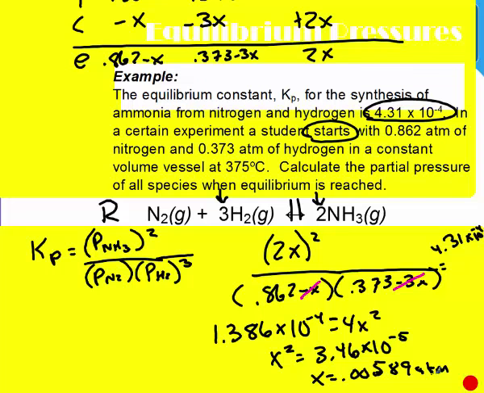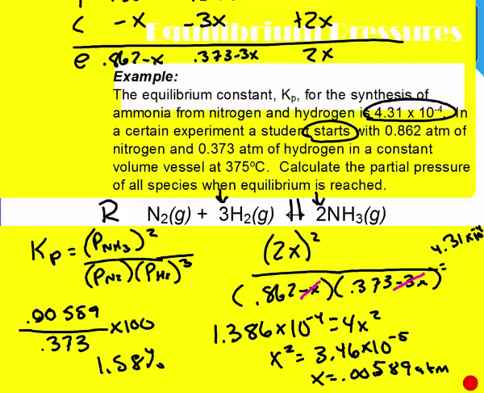Since we ignored the minus x, we do need to calculate our percent dissociation. So x over our initial. Going to do your smaller initial. It's 1.58%, so that's definitely less than 5%.